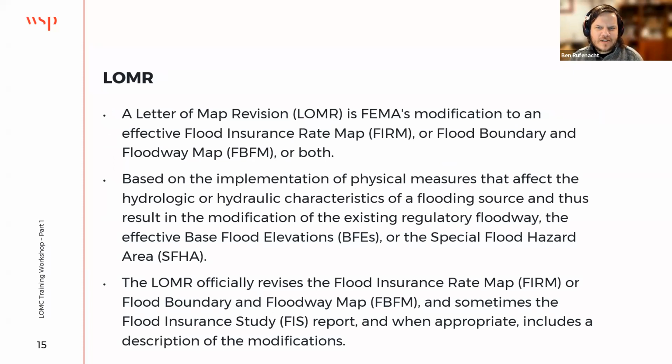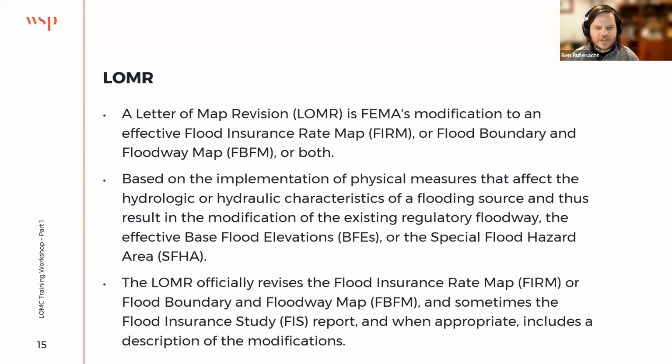Letter of map revision is a modification to an actual floodplain. So if the flood boundary itself is going to change, you actually want to modify the floodplain, and this is the way you want to go. This is based on actually changing the ground surface in a way that will change how water flows through an area, so it will change the resulting base flood elevations.